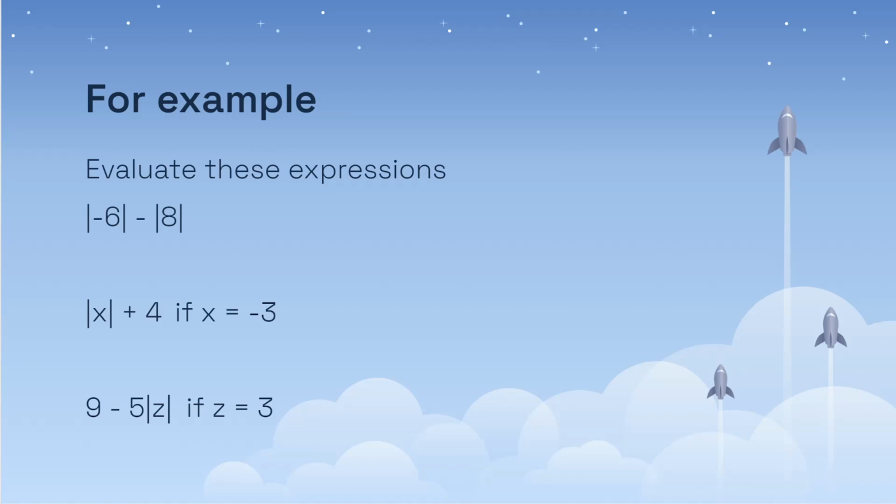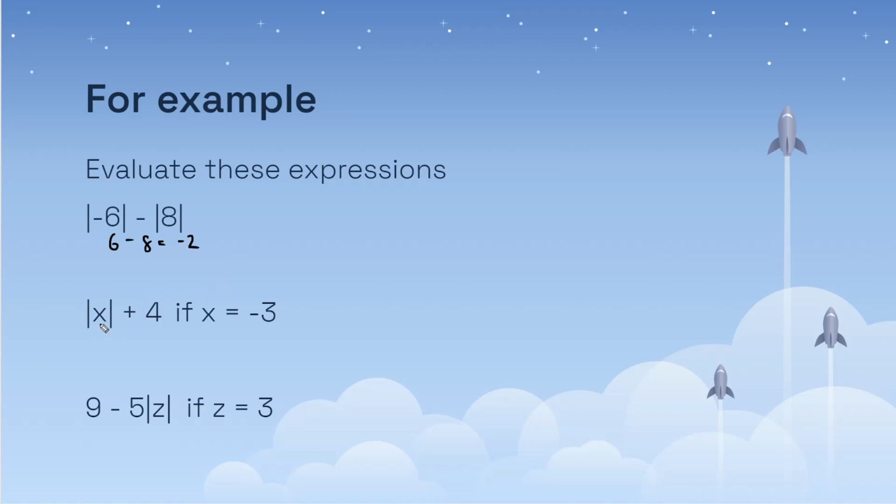Oh, my mouse is being all wonky. Evaluate these expressions. The absolute value of -6, minus the absolute value of 8. So the absolute value of -6 would be 6, minus the absolute value of 8, which is 8. That's -2.